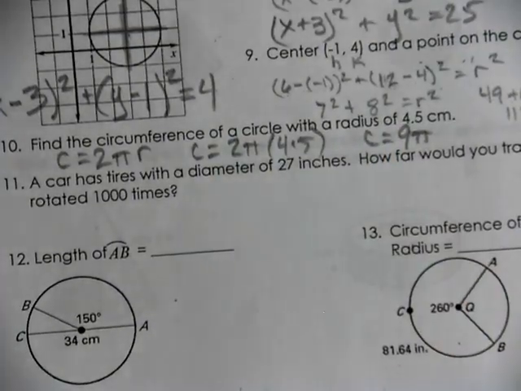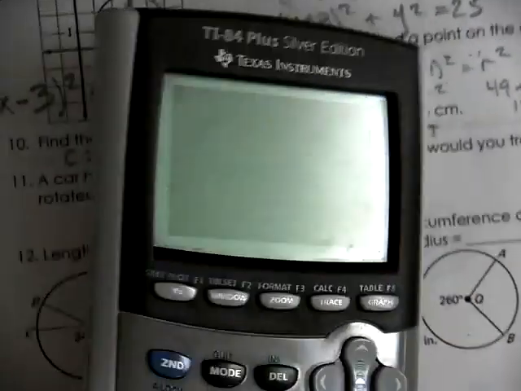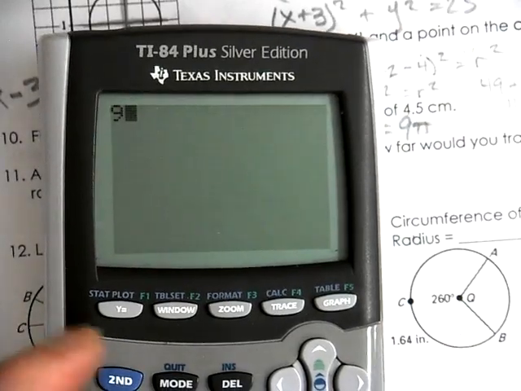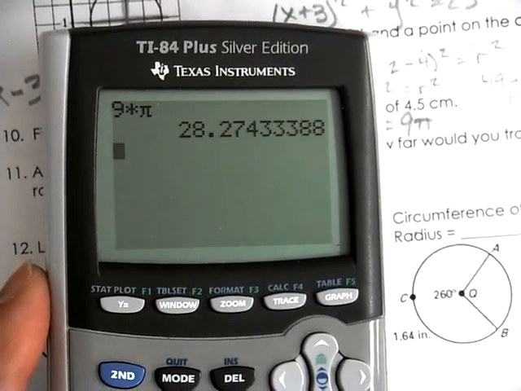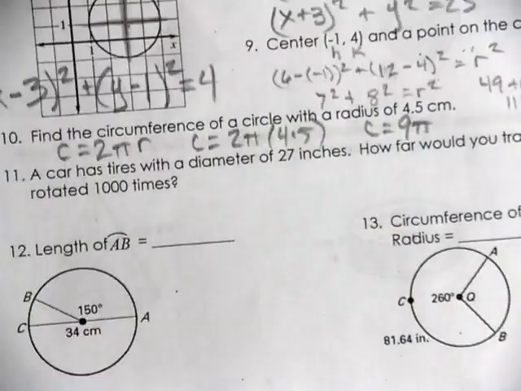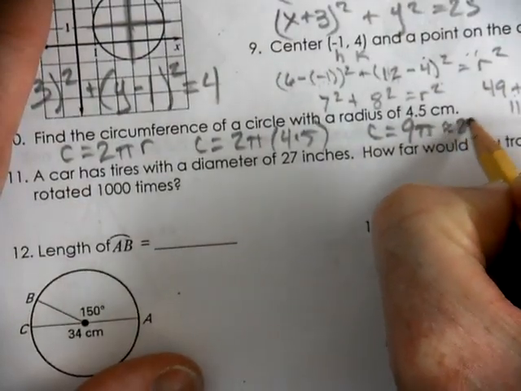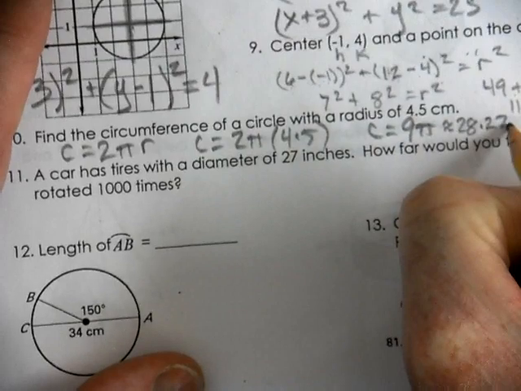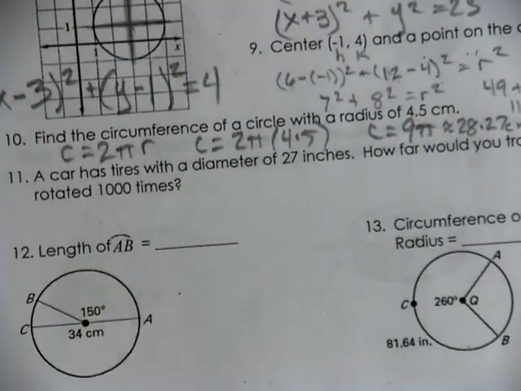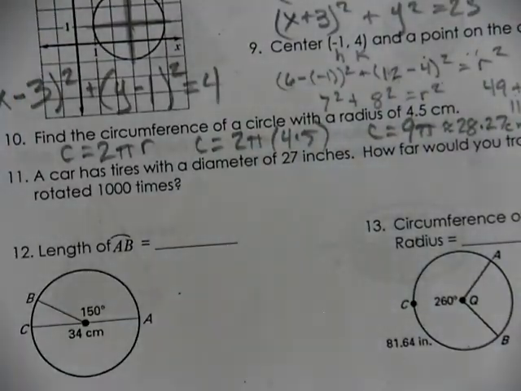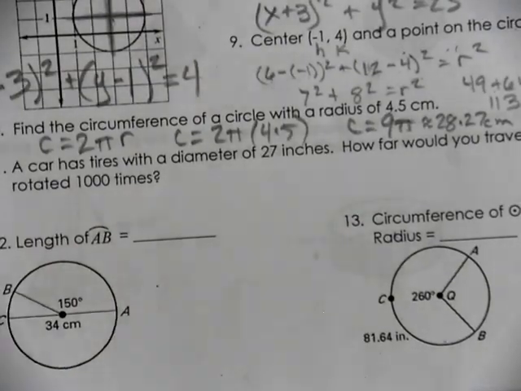If you wanted to know the decimal of that, 9 times pi, 28.27. That would be centimeters. That would be the distance all the way around the circle.